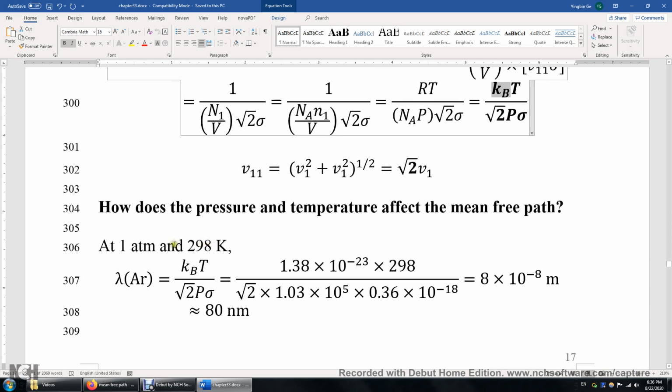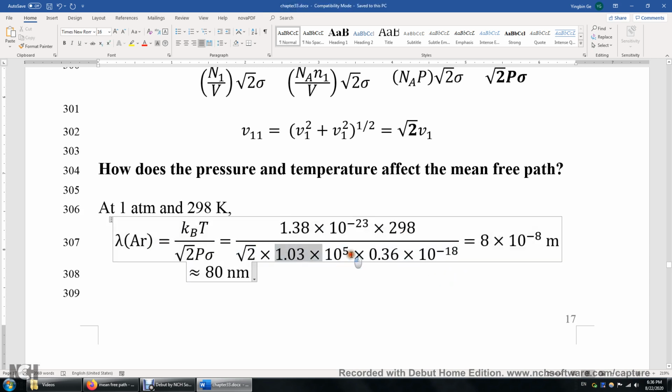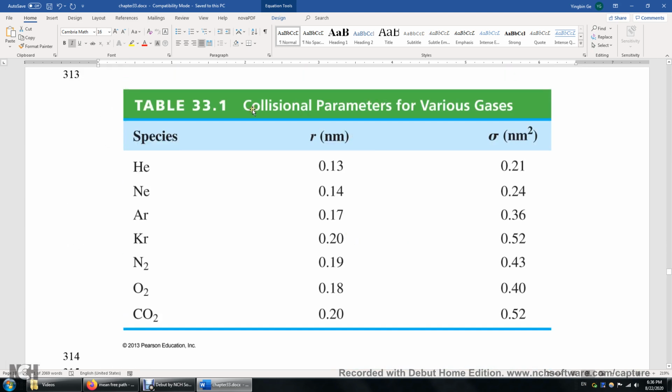At room temperature and 1 atm, we can calculate this mean free path for argon atoms. We're using this equation, plugging in all the numbers. All right, so this is the pressure, and this is the collisional cross-section area. Where did I get this number? Well, from this table, collisional parameters for various gases. We have different gases, their radius, and this collisional cross-section area.